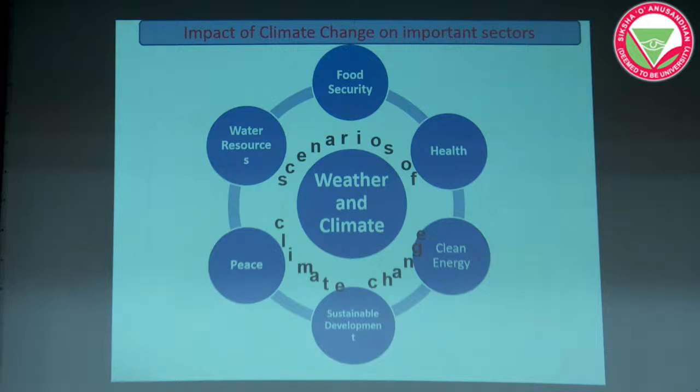And for that, we have to switch over to clean energy. Because energy is the whole culprit, that all of you know, the energy that we are consuming in various ways, from light and electricity to power generation or driving vehicles and so on. So everywhere we use energy.